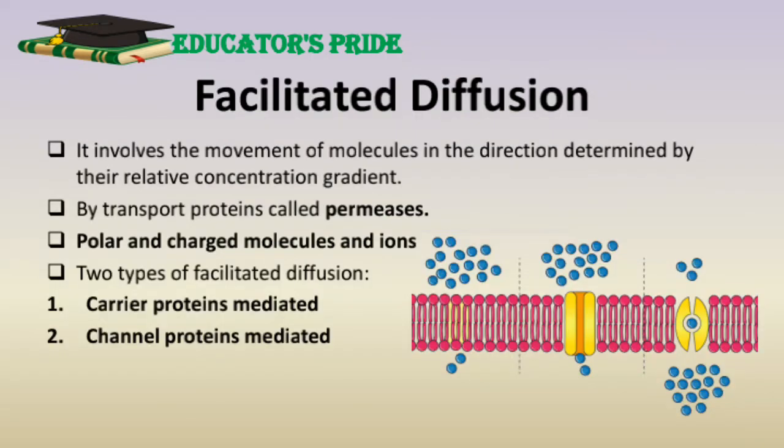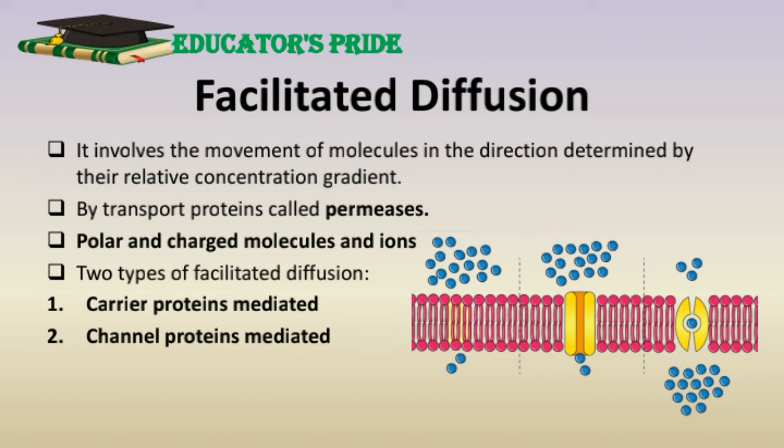Now, the facilitated diffusion. Facilitated diffusion, like simple diffusion, involves the transport of molecules in the direction determined by the relative concentration inside and outside of the cell. But the movement is mediated by a transport protein called permease and is selective in nature. As shown in the previous figure, the rate of transport of the molecule across the membrane is greater in facilitated diffusion as compared to simple diffusion.